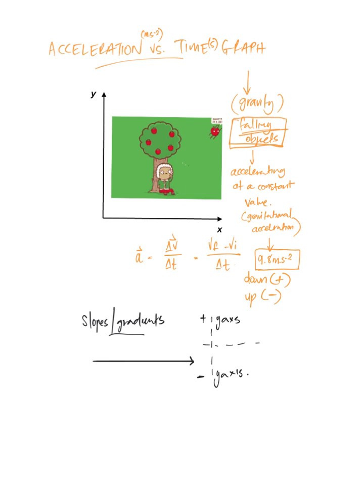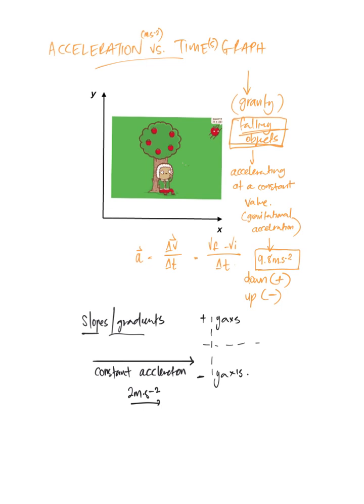If it's flat, it means that you have a constant acceleration. Let's say, for example, it was 2 meters per second squared. That means you're constantly going 2 meters per second, 4 meters per second, and so on and so on.